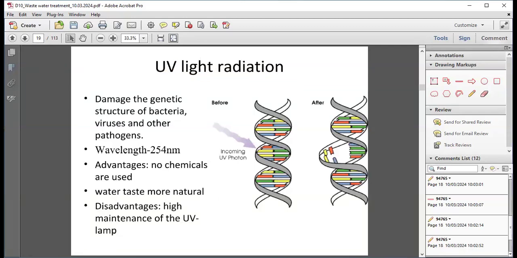Another one is disinfection with UV. What's the meaning of UV? UV means ultraviolet light. Where do ultraviolet rays come from? Normally, sun rays consist of ultraviolet. You've heard about UV rays, that word ultraviolet.